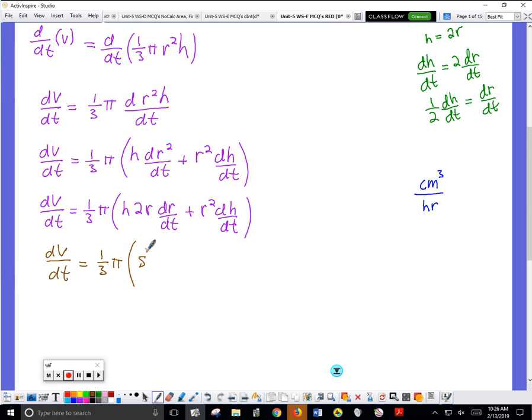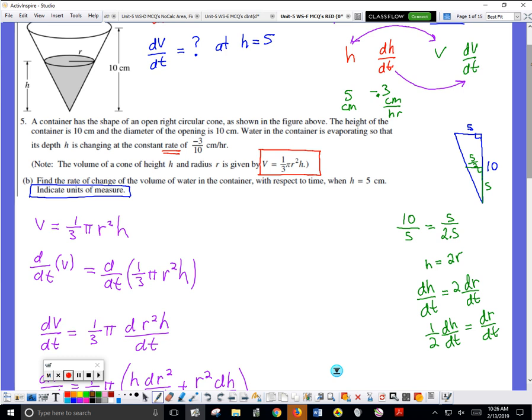So 5 times 5. dr dt is half of the dH dt. That's 3/20. Wait, it's negative. We figured out that dr dt is 1/2 of dH dt. They told us dH dt was 3/10, so half of that's 3/20. So Hadley again.